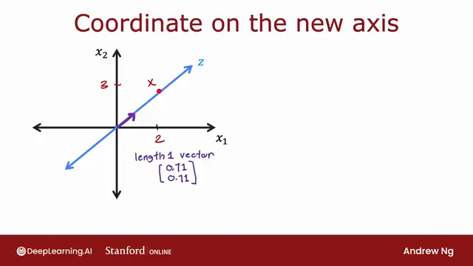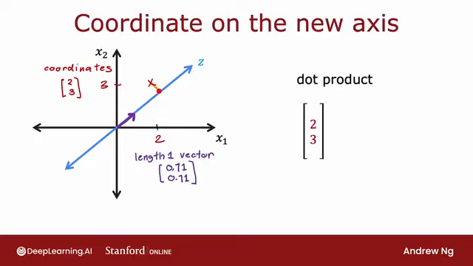So given this example with coordinates 2, 3 on the x1, x2 axes, how do we project this example onto the z-axis? It turns out the formula for doing so is to take a dot product between the vector 2, 3 and this vector 0.71, 0.71.